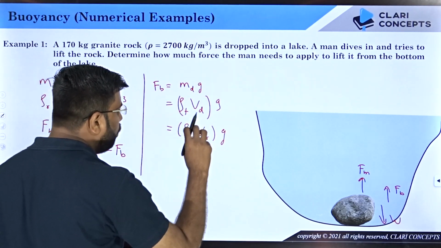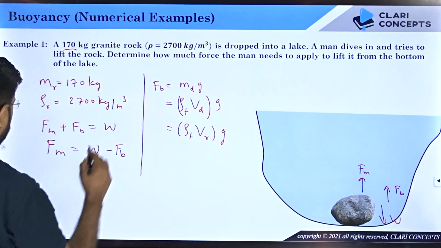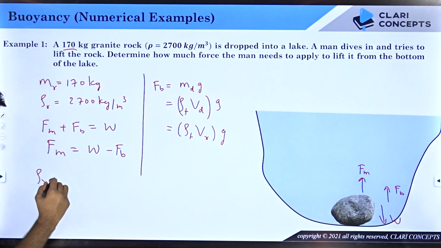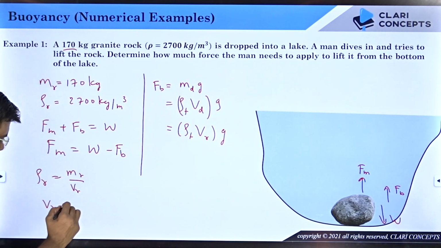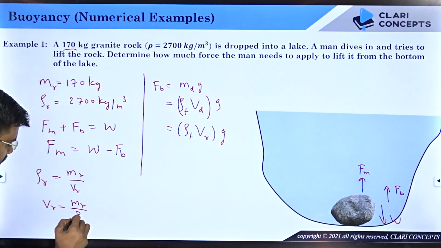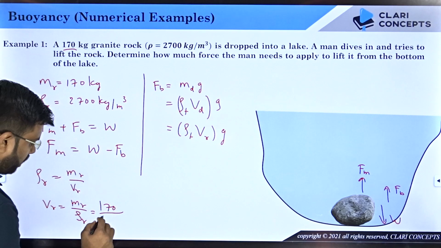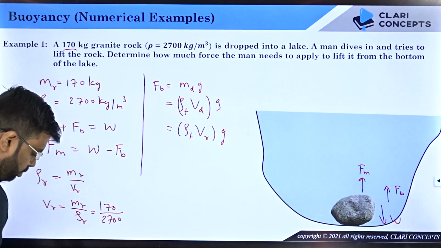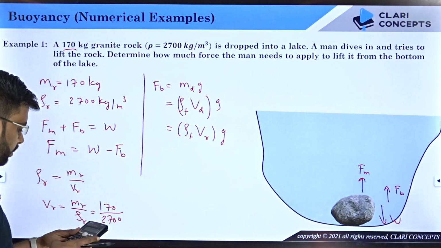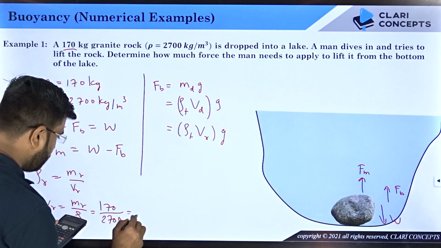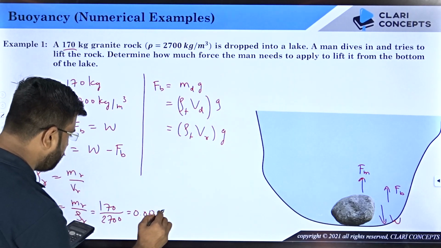g I know. How do I get the volume of the rock? Mass is given and density is given. Density of rock equals mass of rock divided by volume of rock, so volume of rock equals mass of rock divided by density of rock. Mass is 170 and density is 2700. 170 by 2700 gives 0.063 meter cube.